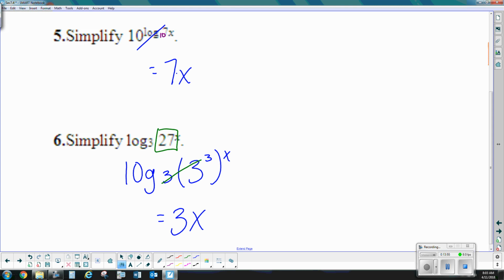So 27 you rewrite as 3 to the third power. So log base 3 of 3 to the third power, to the x power, gives you just whatever is in your exponent, which is 3x.